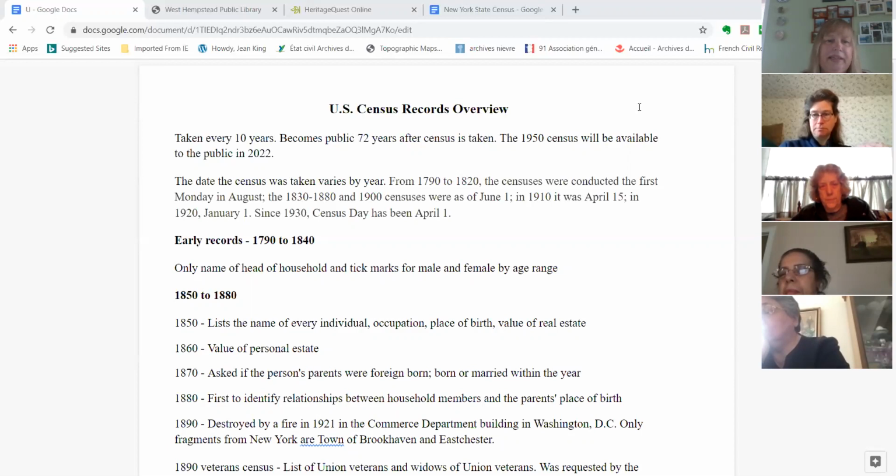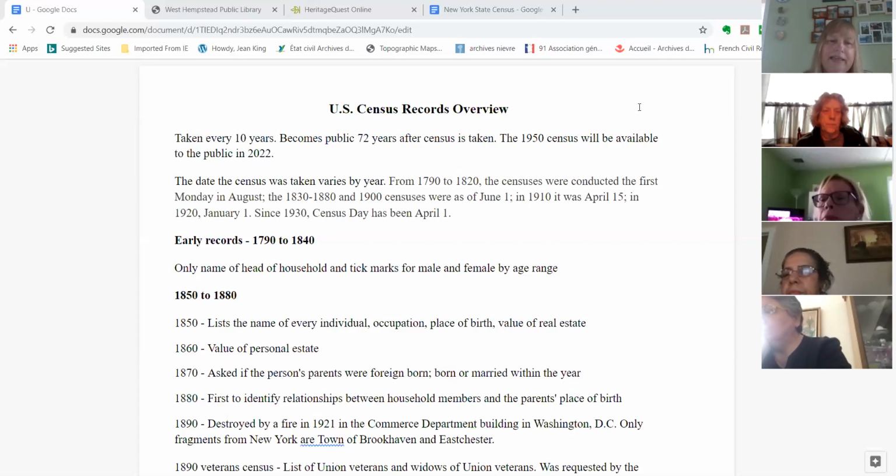But starting in 1850, you see the name of every person in the household with their occupation, place of birth, and value of real estate. And in 1860, it's the same questions, except they also ask what the value of the personal real estate is.